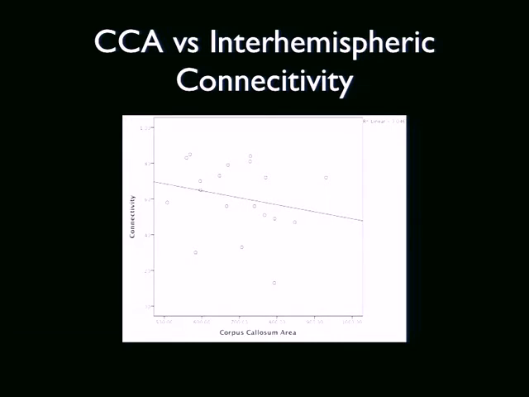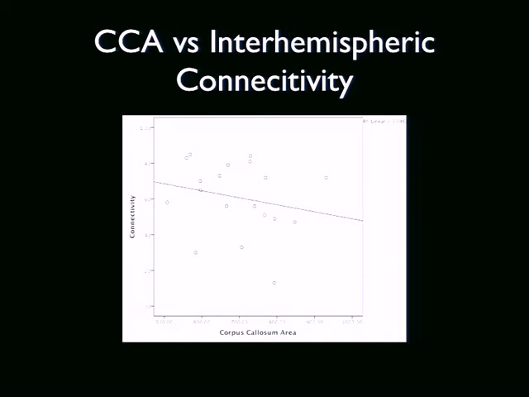The other thing that we did was then to combine a couple of these methods. So to look at corpus callosal atrophy measures using the same method that I showed before to determine the corpus callosal area and interhemispheric connectivity. So in this case, that's exactly where it would be potentially valuable to be able to look at potentially all homologous points and compare to a structure like the corpus callosum.